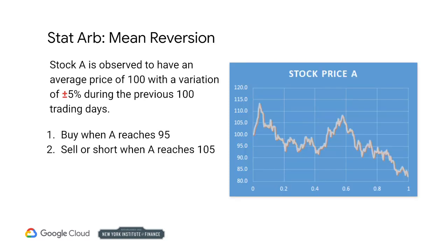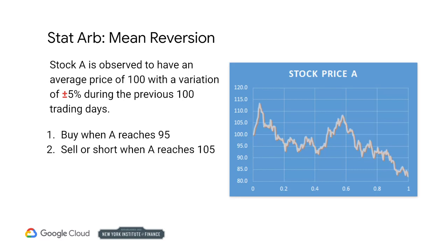Stat arb is the most common type of risk arb strategy, and mean reversion is a more formal way of saying buy low, sell high. In this example, you want to trade a stock whose average price has been 100. The issuer is a mature company with limited growth opportunities, and you assume the share price will be more or less stable, or more formally, you can model it as a stationary process.